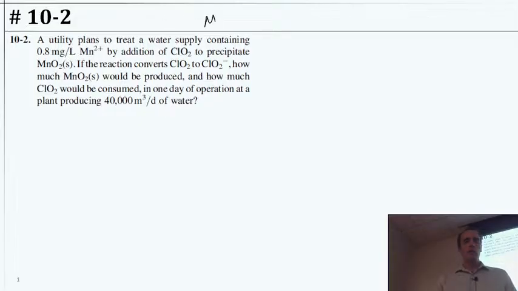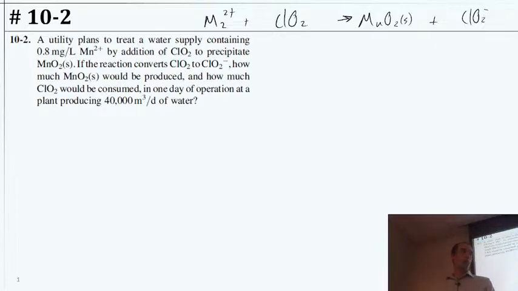So if we take a look and consider Mn2 plus reacting with some amount of chlorine dioxide to give us manganese oxide solids and some amount of ClO2 minus. We need to balance that. That's going to be our redox chemistry. If we could split that into half reactions and do the balance. Ultimately, what we'll see is it would probably make sense to also have water here on the left because, let's see, and protons on the right.